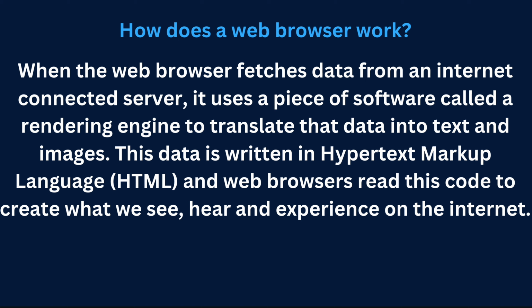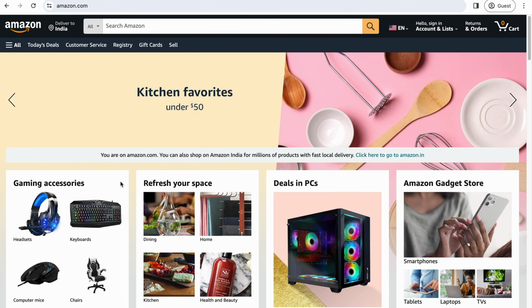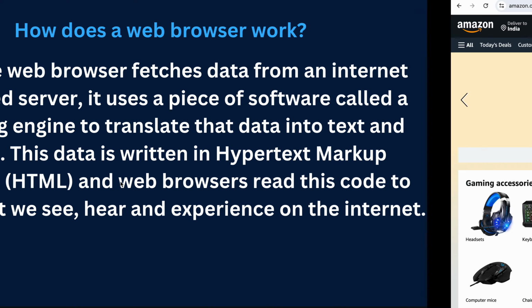This data is written in hypertext markup language. So what do web servers return to you? When you type a URL in your browser, the web server returns data in the form of HTML. And your browser can render that HTML through the rendering engine.